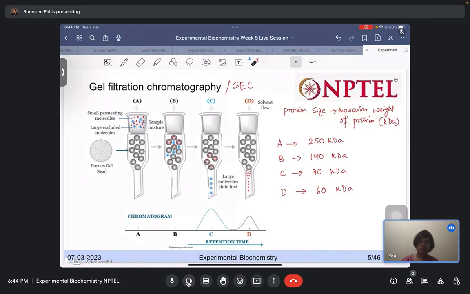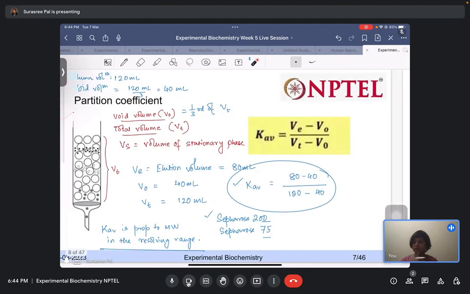Anything that cannot go into the pores will come in the void volume. Therefore, we can determine this void volume by passing blue dextran through the column, and the blue dextran will come in the void volume.